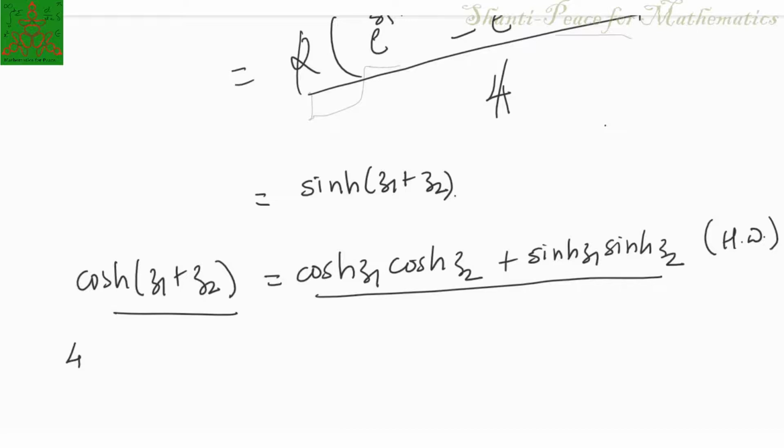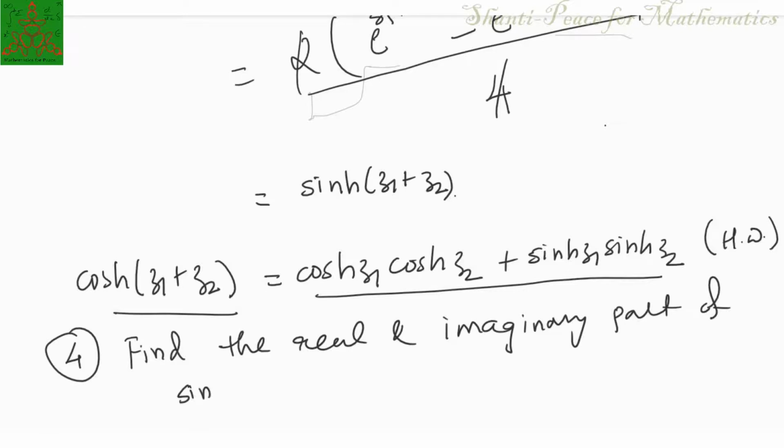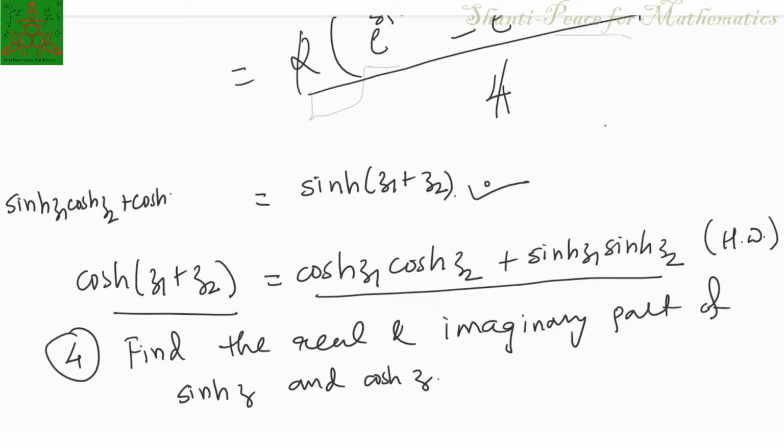The next property that we are taking is to find the real and imaginary parts of sine hyperbolic of z and cos hyperbolic of z. As we have discussed here, sine hyperbolic of z1 plus z2 is sine hyperbolic of z1 cos hyperbolic of z2 plus cos hyperbolic of z1 sine hyperbolic of z2.